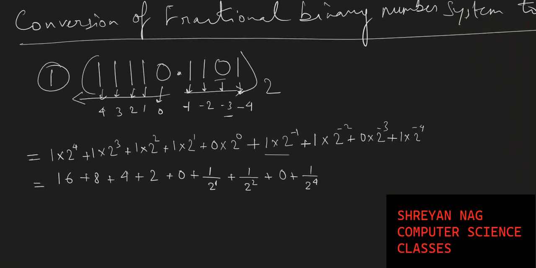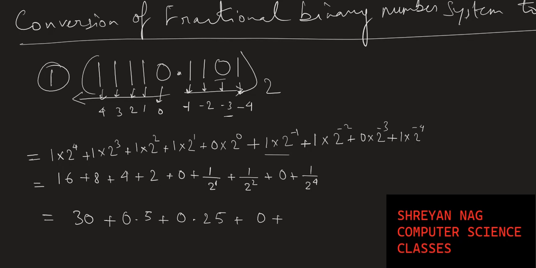Now if you add up, 16 plus 8 is 24, 24 plus 4 is 28, 28 plus 2 is 30, 30 plus 0 is 30 also. So 1 divided by 2 is 0.5. Then 1 divided by 2 to the power of 2 is 0.25. It is already 0.